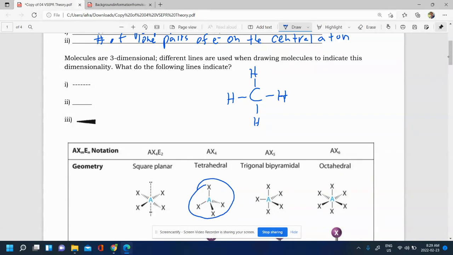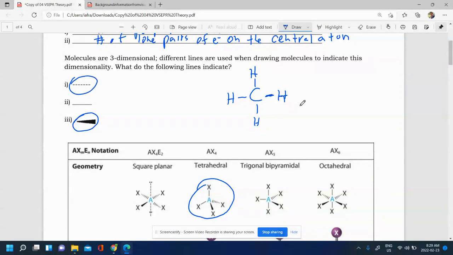And so to draw this in a more 3D representation, we use what's called a wedge-dashed representation, which means that we're not just going to use these solid lines anymore. We're going to use some wedged lines and some dashed lines over here.